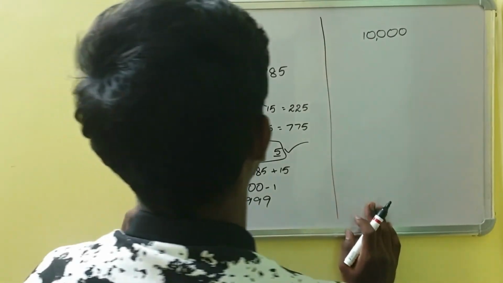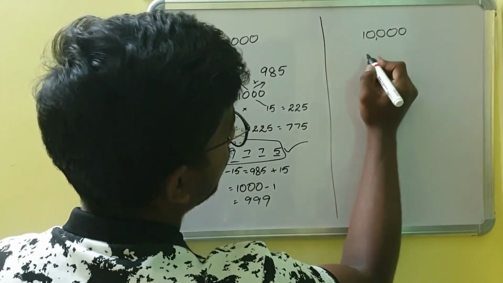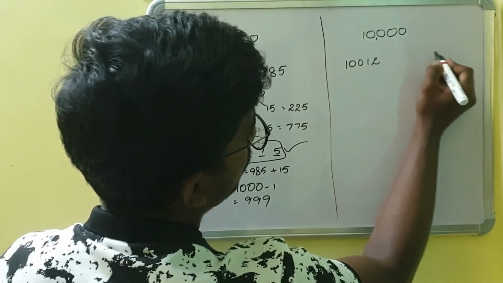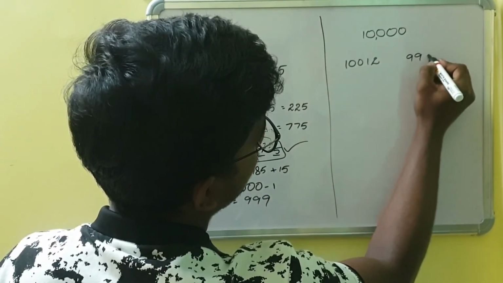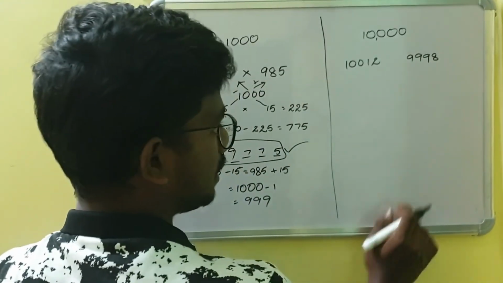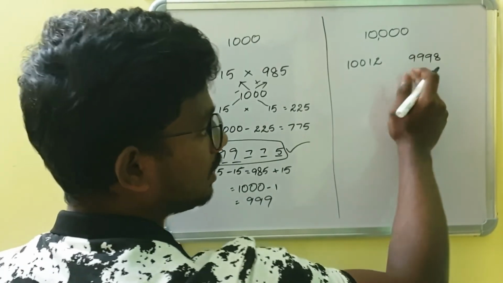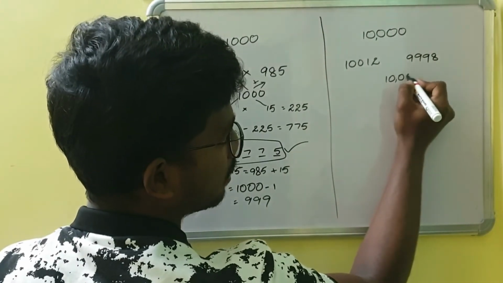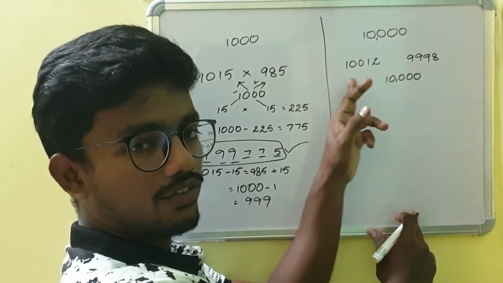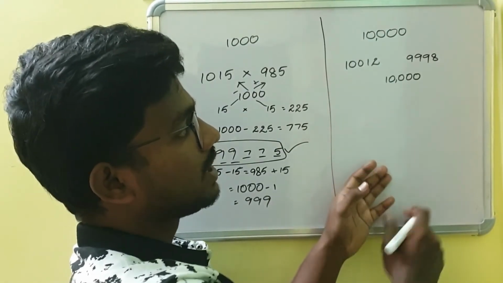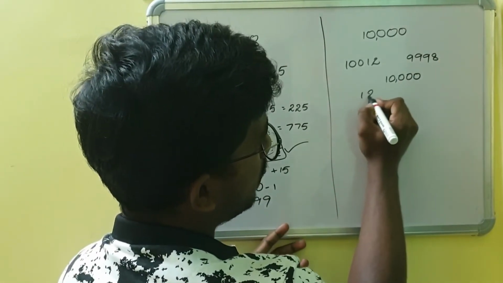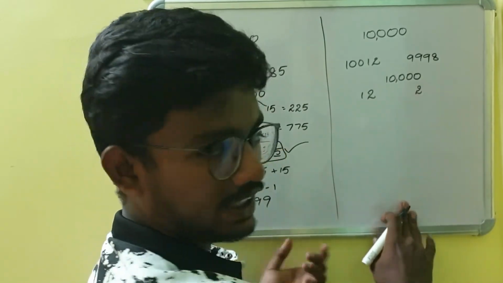Let us solve for 10,000. For 10,000 I will take 10012 with 9998. See, these two numbers are nearer to 10,000, so I am taking 10,000 as a common value, subtracting 10,000 from 10012 and taking 9998 from 10,000, we will get 12 and 2 respectively.